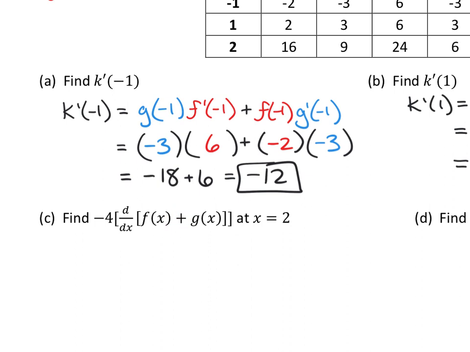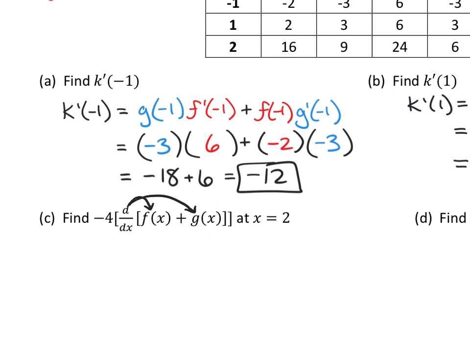What I'm going to do is pretend, and this is the sum and difference rule that you just kind of understood, I'm going to take the derivative of both f and g separately because they're not multiplied together, they're added together.